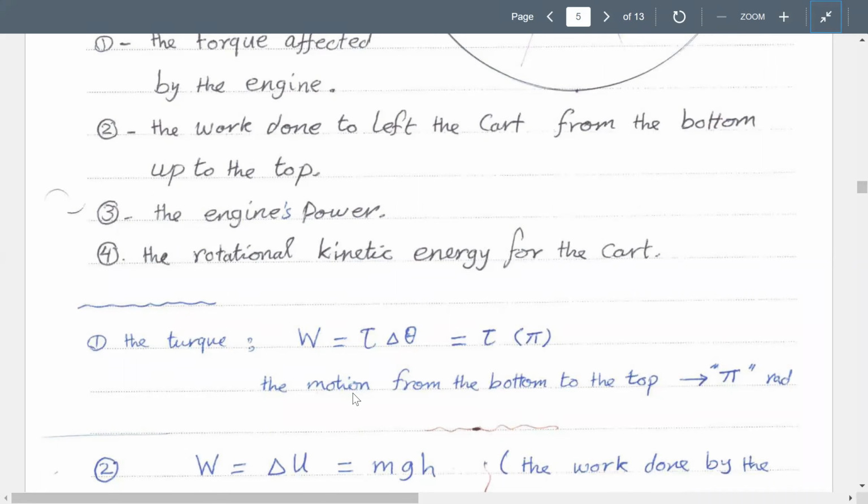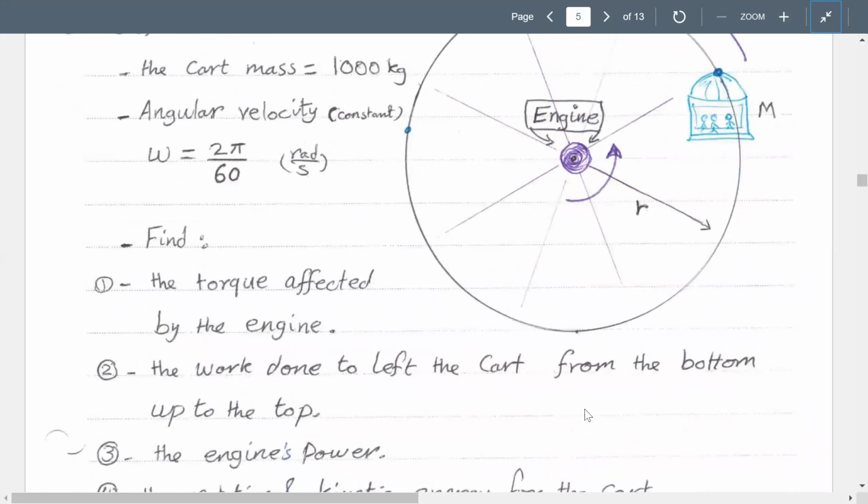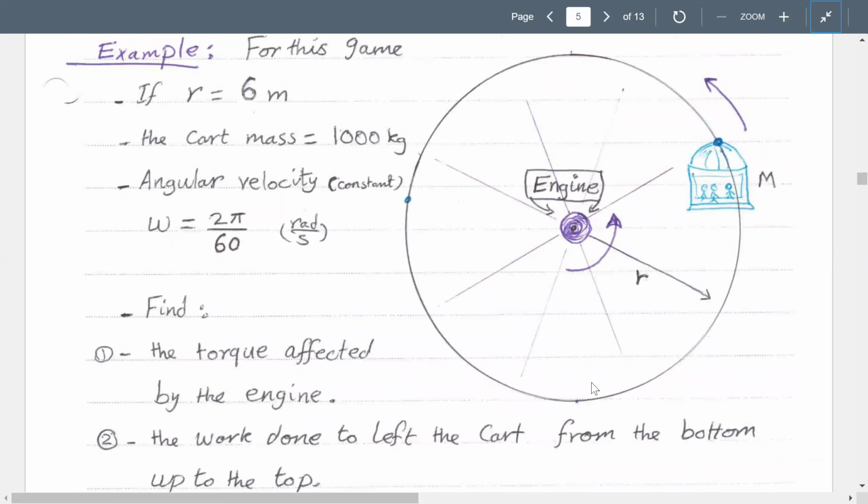What I mean by pi is the motion from the bottom to the top. From the bottom to the top, it is 180 degrees, which is pi.